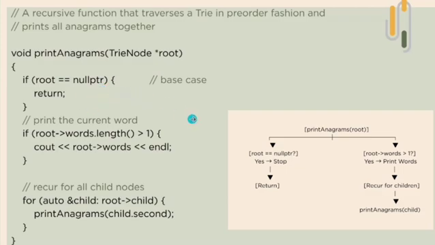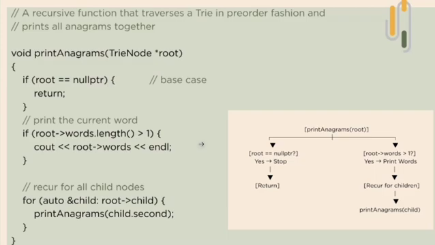Then if the current node's word string has more than one word, we print it since it contains group anagrams. After that, the function recursively calls itself for all nodes, going through the tree until all nodes are visited. This way, we can efficiently print all words that are anagrams together.